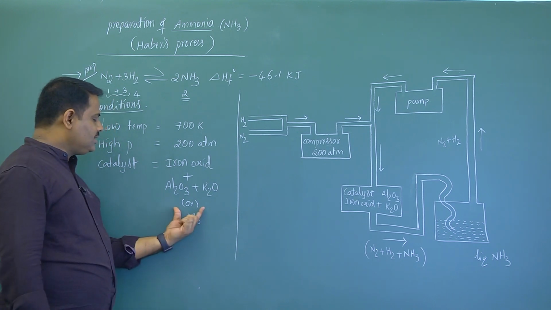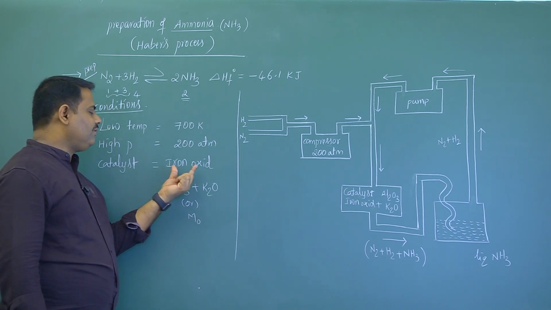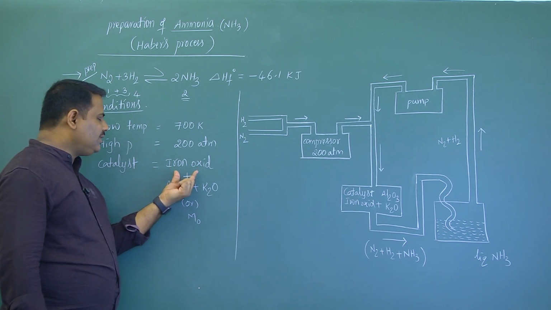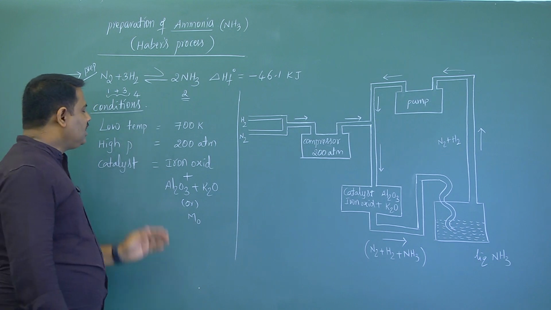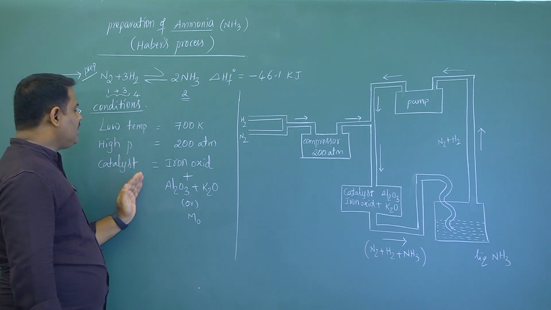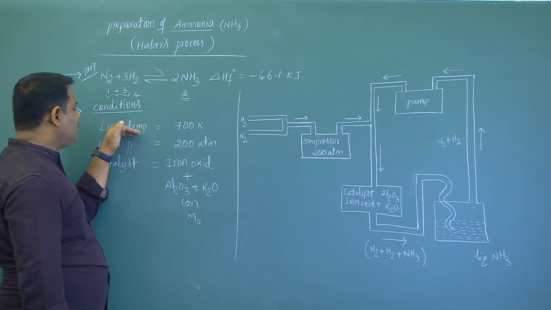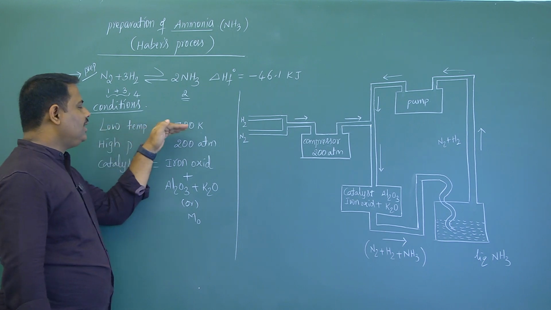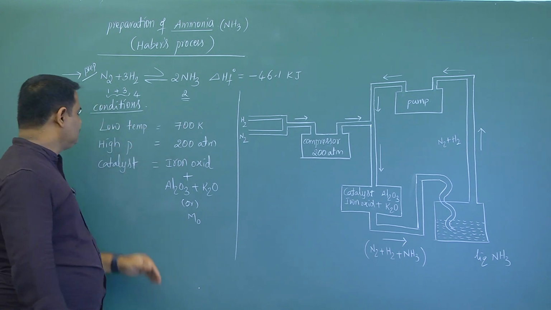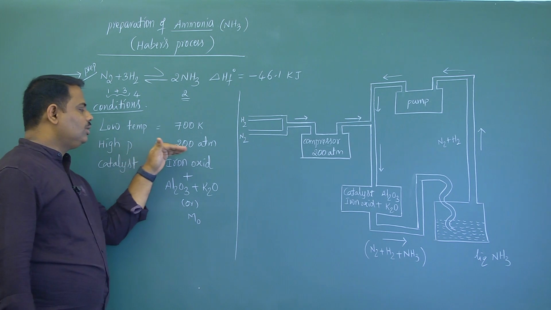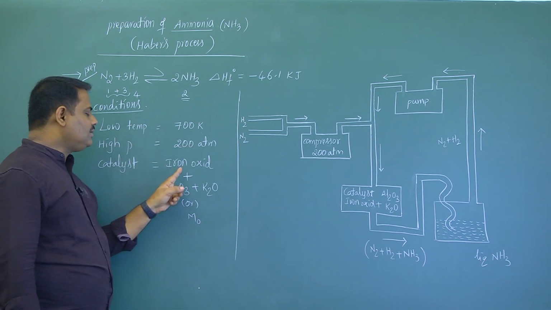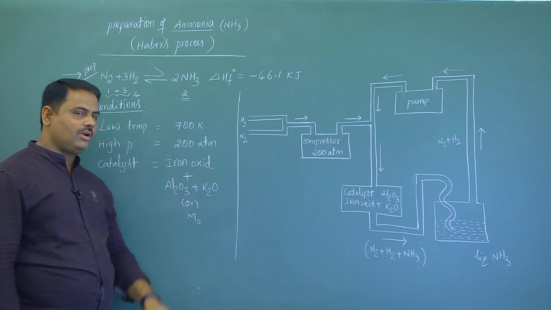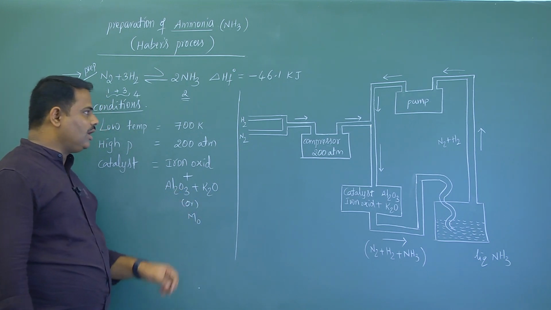The substance which increases the activity of catalyst, which then increases the rate of reaction also. So remember these 3 conditions: low temperature, that is nearly 700 Kelvin, high pressure 200 atmospheres, catalyst is iron oxide with alumina and potassium oxide or molybdenum.